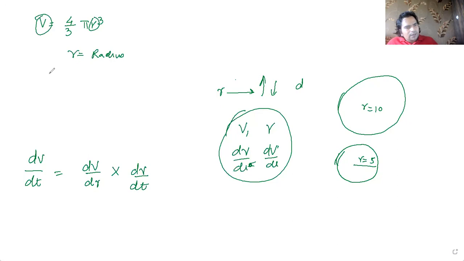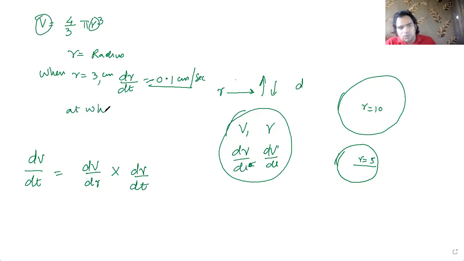When the radius is 3 centimeters, the rate of change of radius is 0.1 centimeters per second, decreasing. At what rate is the volume changing in this case?